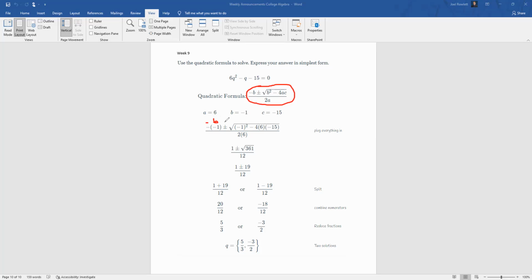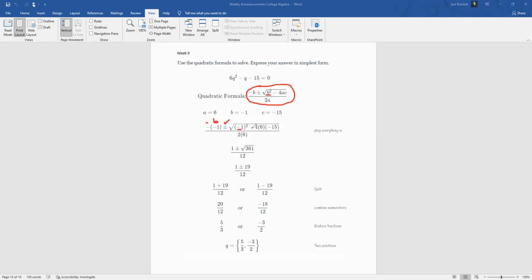We have our plus or minus here. The square root of, since b is -1, we substitute that in place of the b. That's going to be -1 squared. I would advise you to always put your a, b, and c values inside parentheses. That just makes life a lot easier. And that's what they did here in this example.